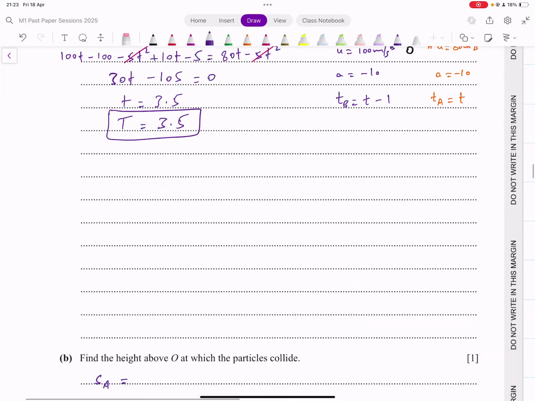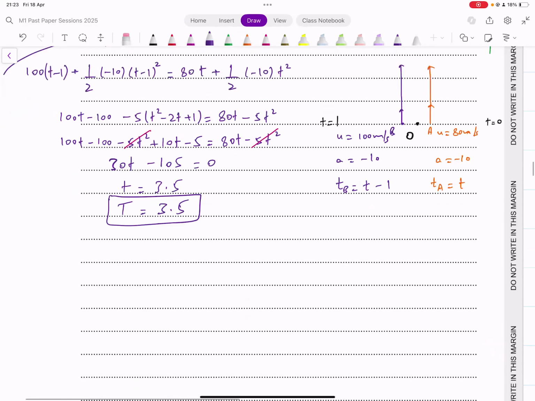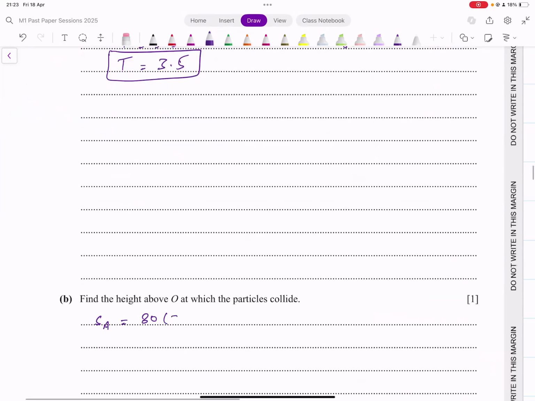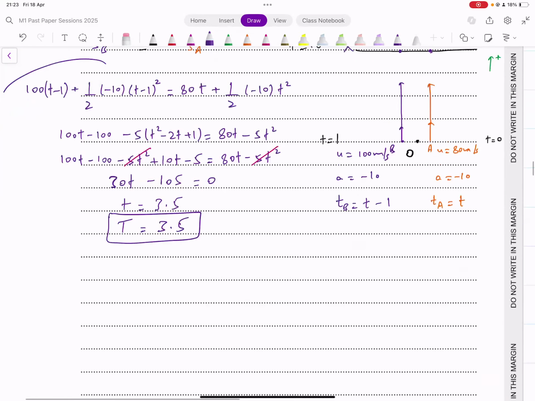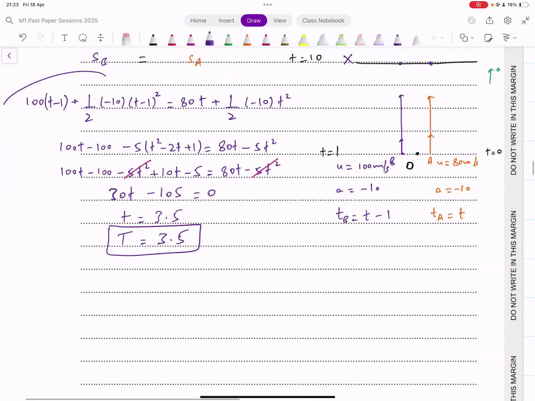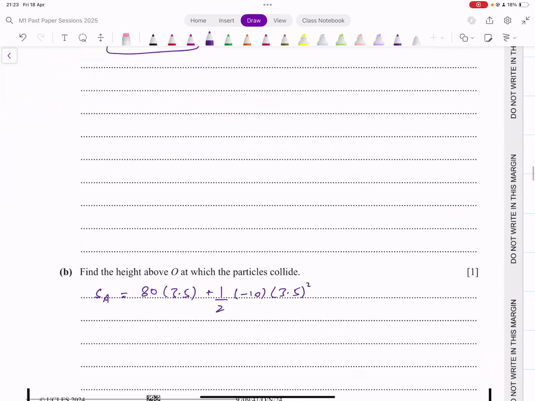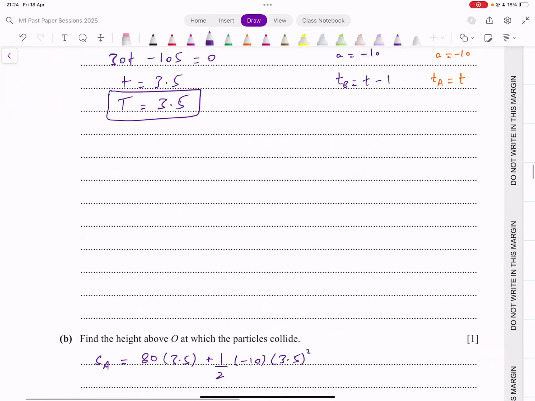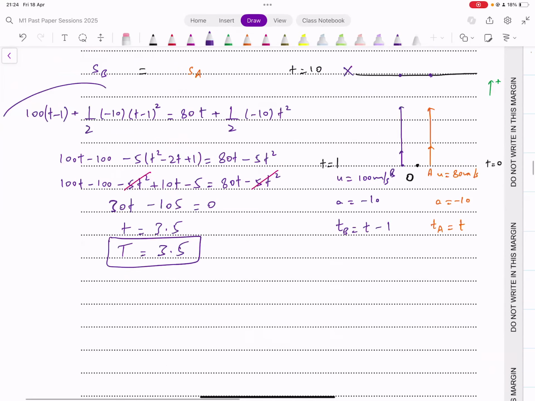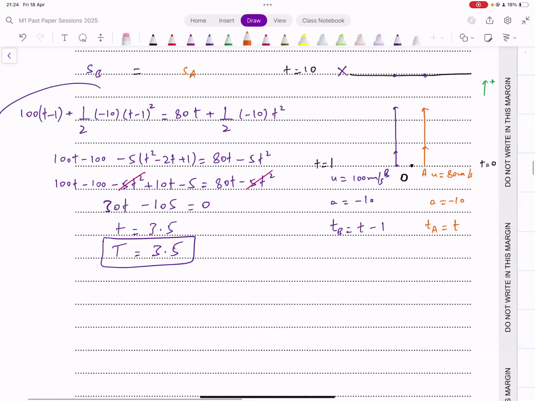That was 80 times t, 80 times 3.5 plus 1 over 2 into minus 10 into 3.5 squared. That will give us the height that we need, because the displacement for A until that point and the displacement for B until that point are both the same. You can use any of these two equations and that will give you that height.